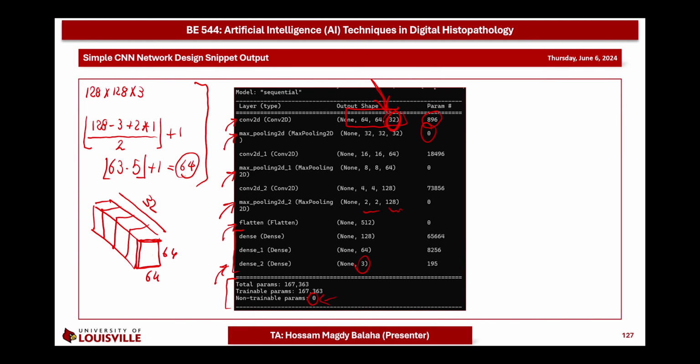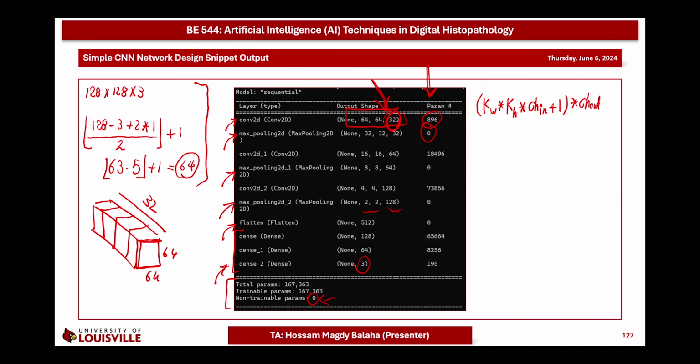To calculate the number of parameters for each learnable layer, because non-learnable layers will be zeros as we saw, simply you will multiply the kernel width by the kernel height by the number of channels in the input, plus 1, and then you calculate that and multiply it by the number of channels in the output.